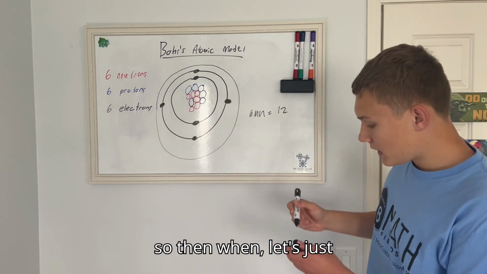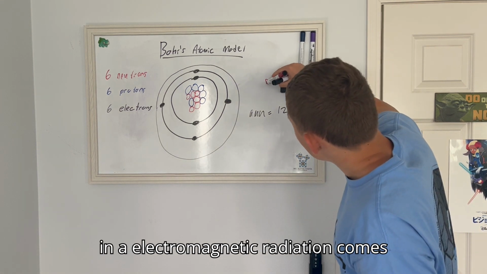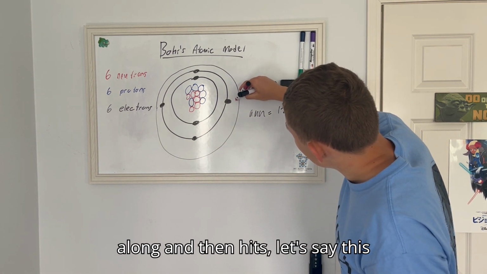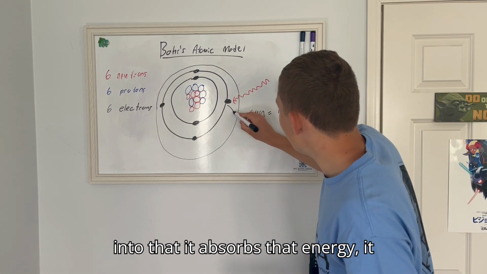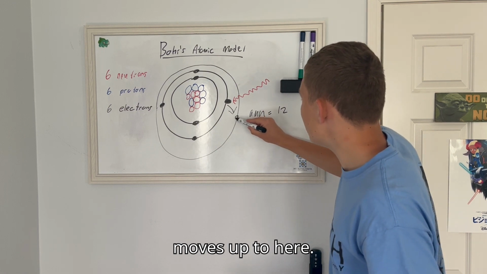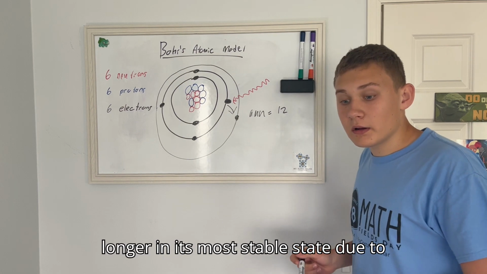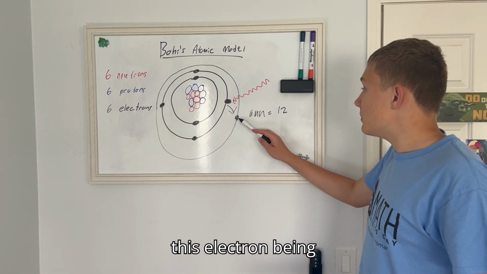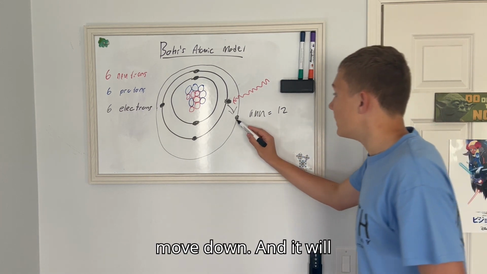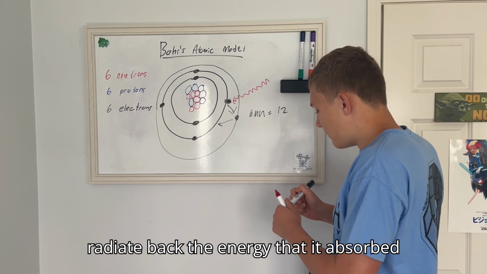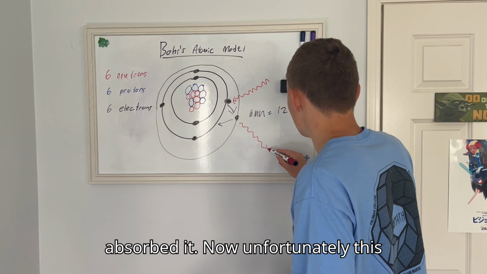So when, let's say, some energy in electromagnetic radiation comes along and hits this electron, it absorbs that energy and moves up to here, but now the atom is no longer in its most stable state due to this electron being in a higher energy state. So it will move down and radiate back the energy that it absorbed at the exact same wavelength as when it absorbed it.